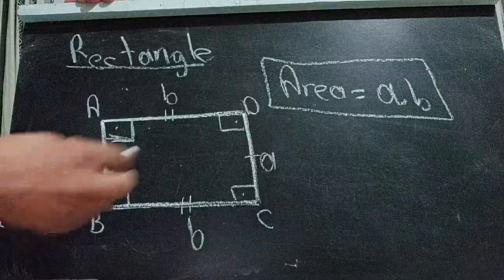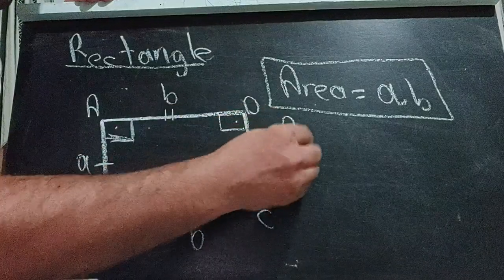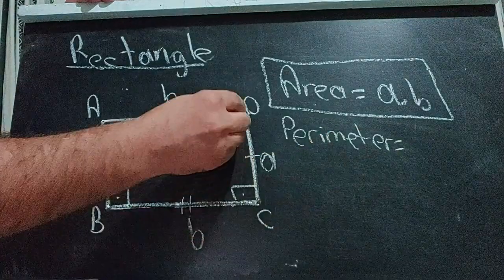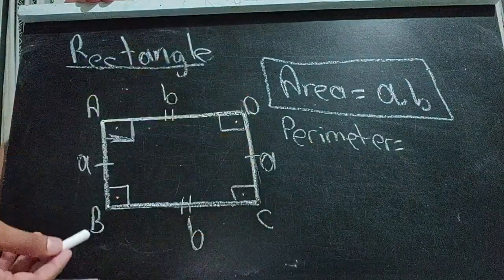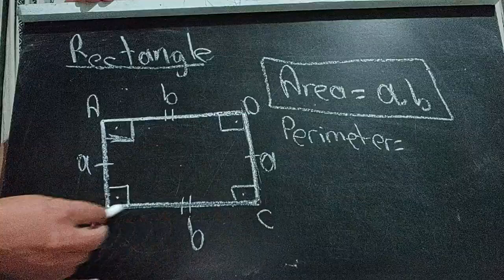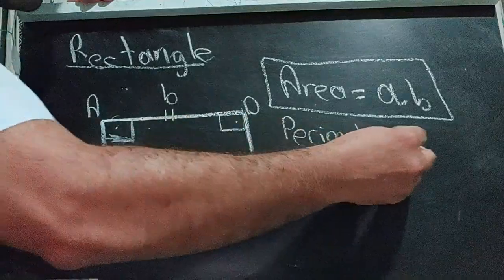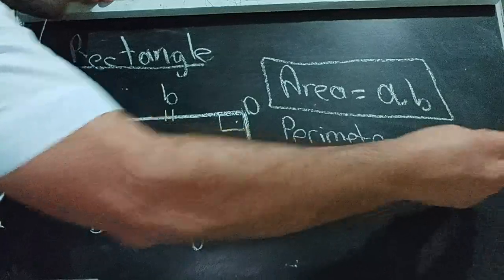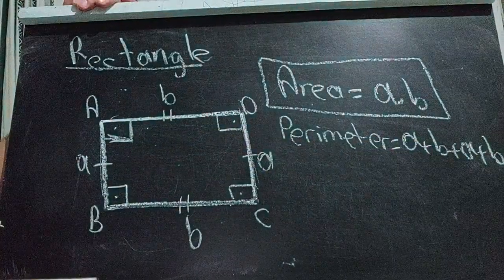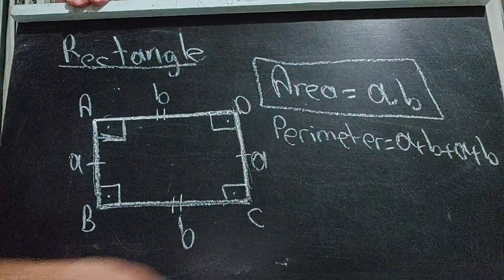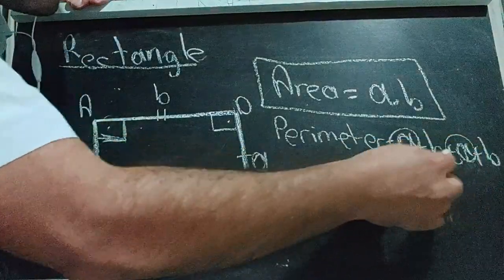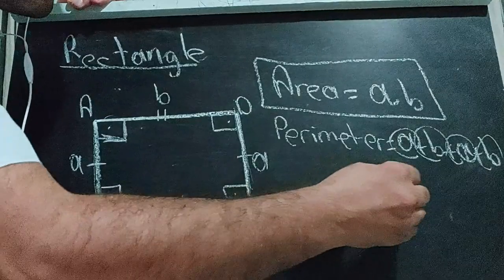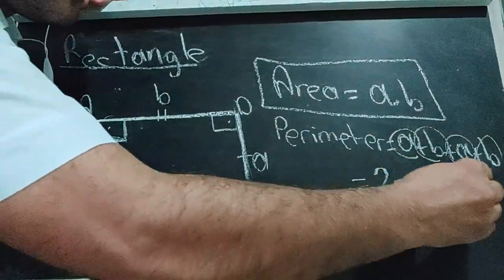This is for rectangle. Perimeter is the sum of length of sides of the shape. So A plus B plus A plus B, A plus B plus A plus B. I can see there are 2 A's, there are 2 B's, so that will give me 2A plus 2B.